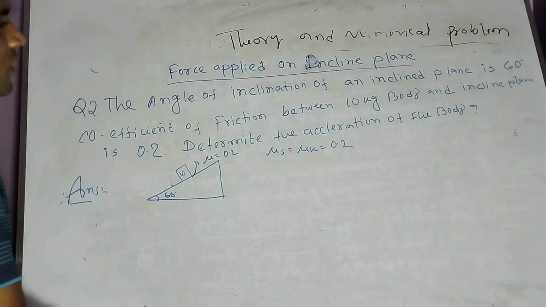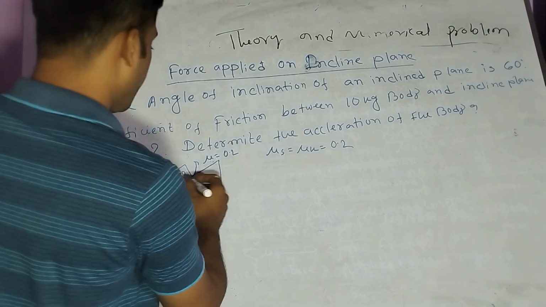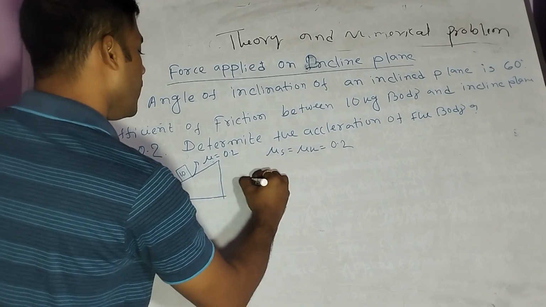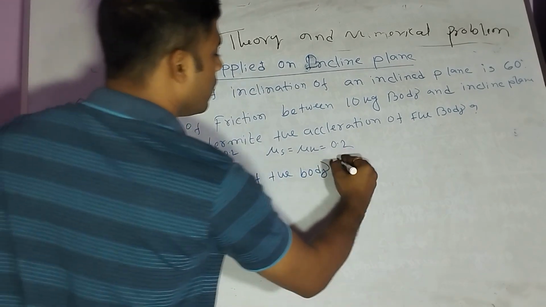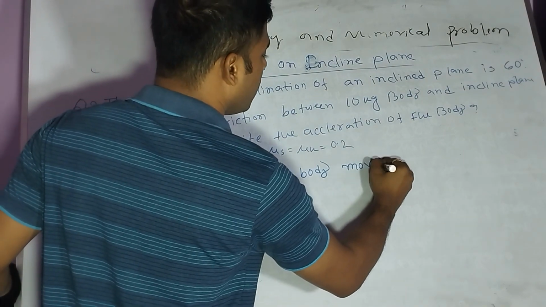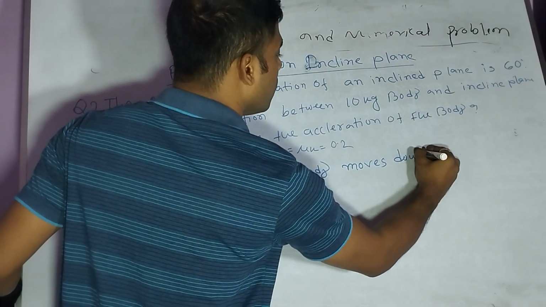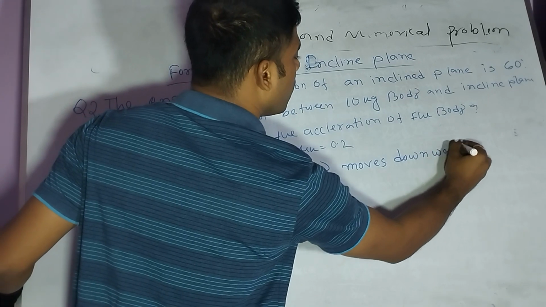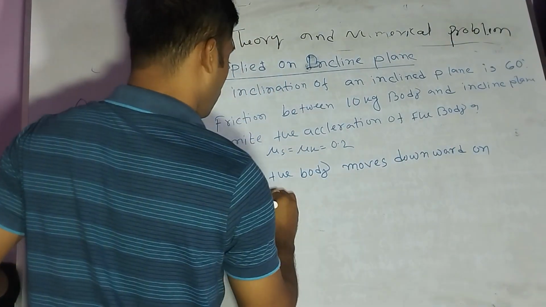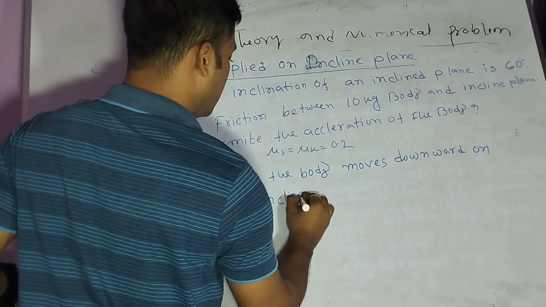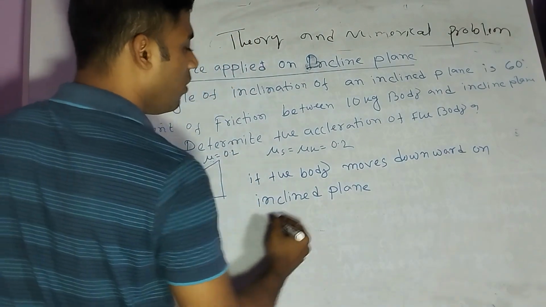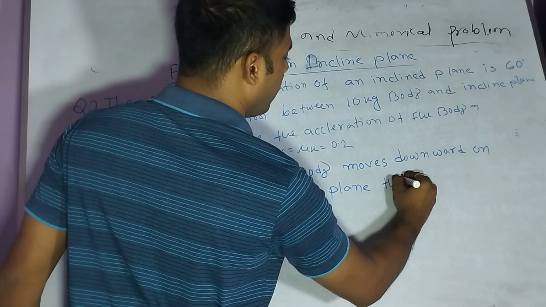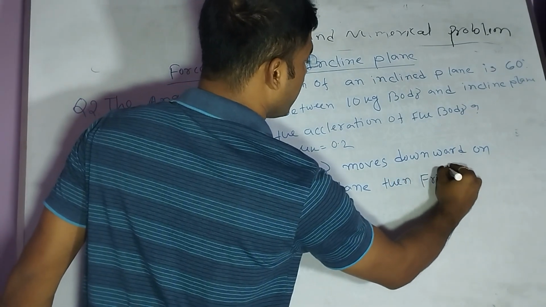So the acceleration of the body, if the body moves downward on the inclined plane, then the direct formula is applied, and the friction is kinetic friction.